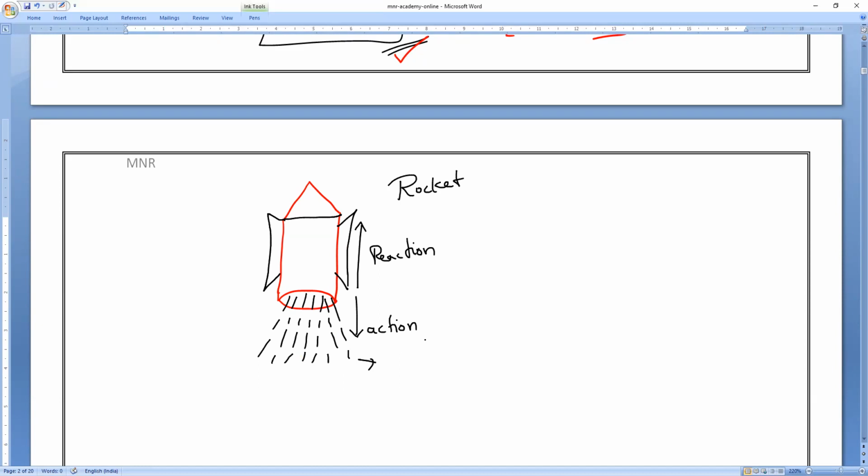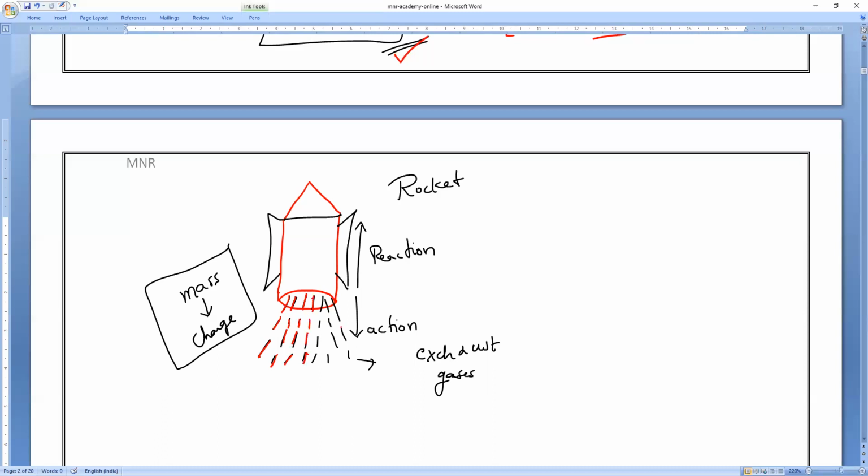The mass of the gases exhausted is not always constant. It will vary.